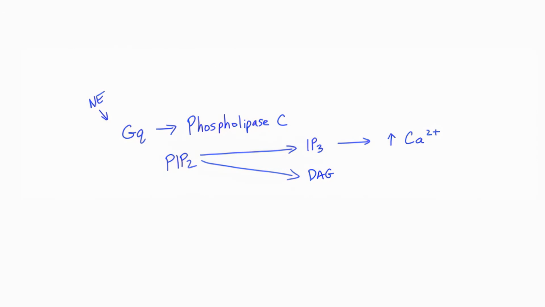And then the other chemical here, when PIP2 is cleaved, it also produces DAG, which is diacylglycerol. And that diacylglycerol has the downstream effect of activating an enzyme called protein kinase C. So the downstream effect of activating phospholipase C is the activation of protein kinase C. So that's pretty easy to remember. Associate those C's together. And then also C for calcium. So I want you to remember that GQ activates C, Q and C.